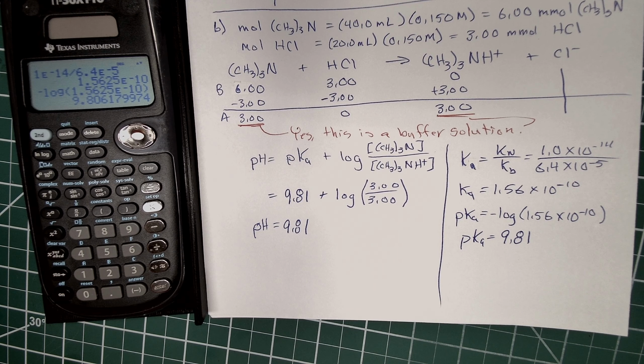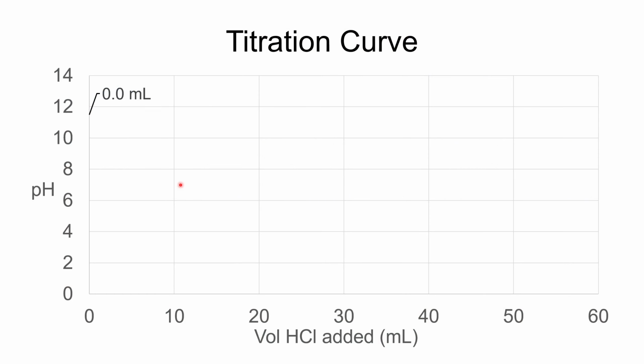Now, I want to go back to my titration curve, and we're actually going to see part of the curve now. All right, and here I've got the pH at the halfway point in 20 milliliters, and it came out to, again, 9.81. I also took the liberty of calculating all of these pHs on a spreadsheet.